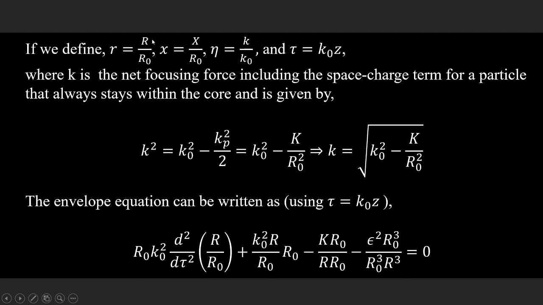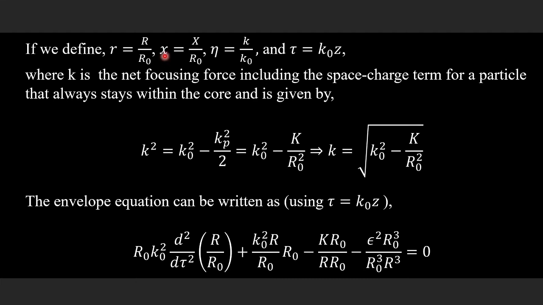Please note that if I do not introduce any mismatch, R is equal to r naught, and the value of r is equal to 1. And suppose I have a mismatch of say 0.5, so R will be 0.5 r naught, and we'll get r equal to 0.5.